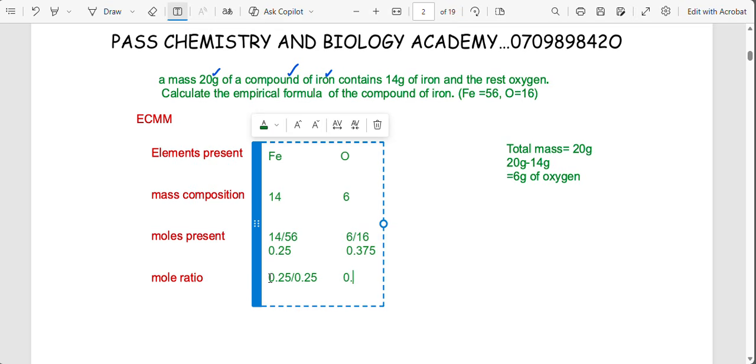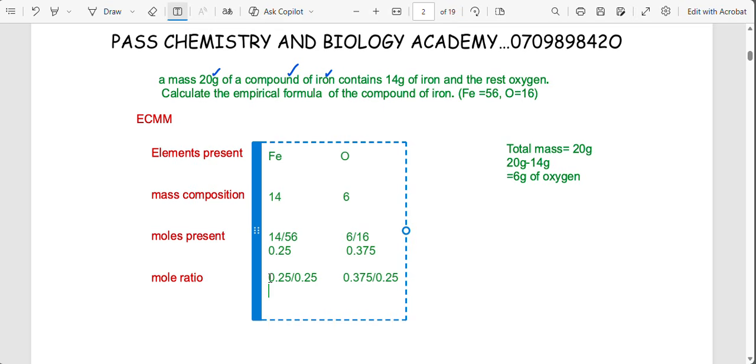So 0.25 divided by 0.25. Likewise, on the other side, 0.375 divided by 0.25. It is a rule, we divide by the smallest.